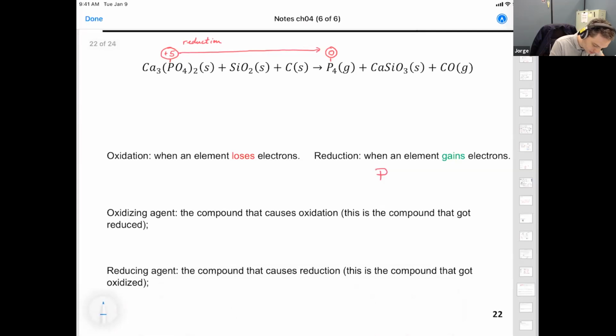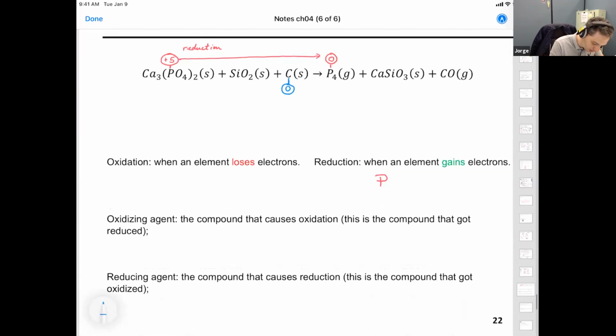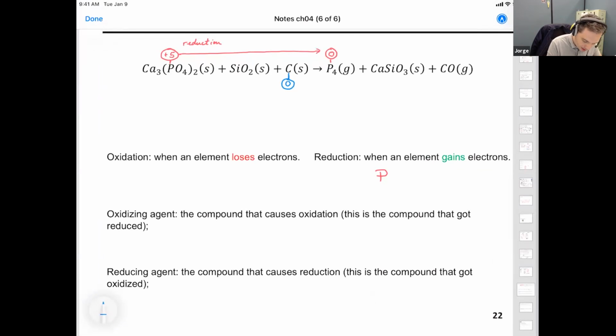On the other hand, carbon started with an oxidation number of 0, and at the end had an oxidation number of 2 plus, or plus 2. Therefore, carbon increased the oxidation number during the reaction, which means a loss of electrons. And this process, when the oxidation number increases, is called oxidation.